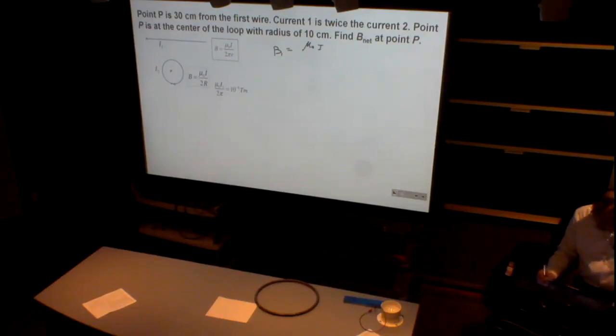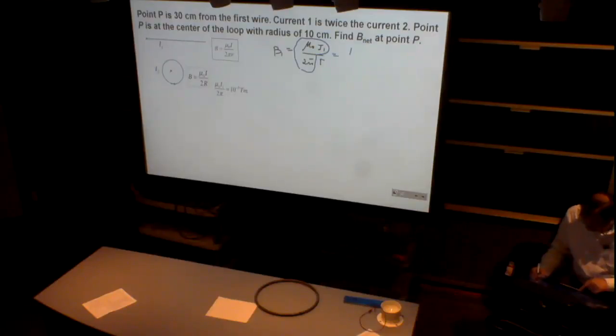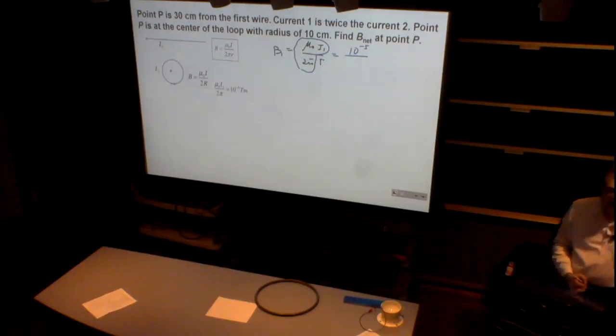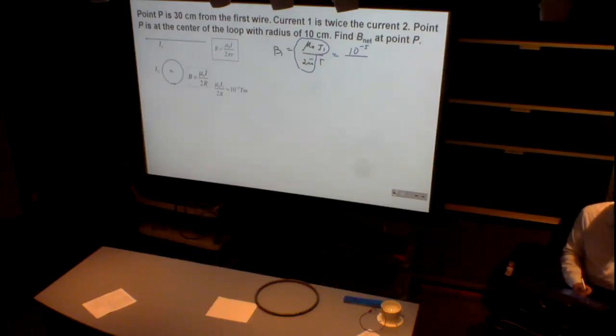So B1. Well, first I just write it. And this whole combination, please check here, is equal to 10 to the negative fifth, and we need to divide it by the distance from a... Now, how do we measure a distance from a point to a straight line?